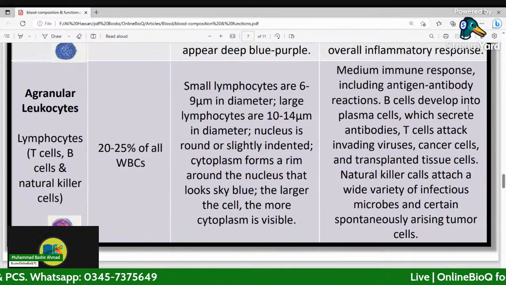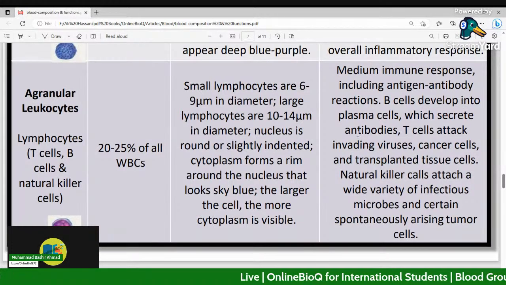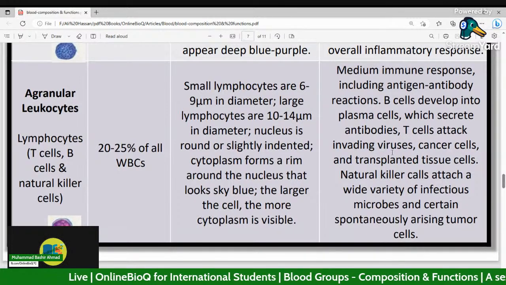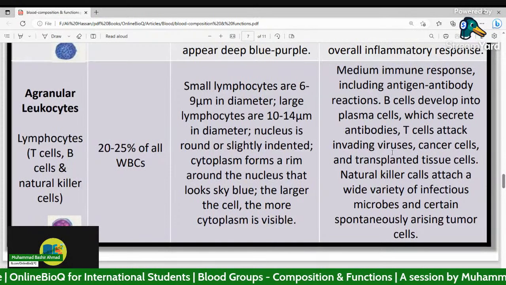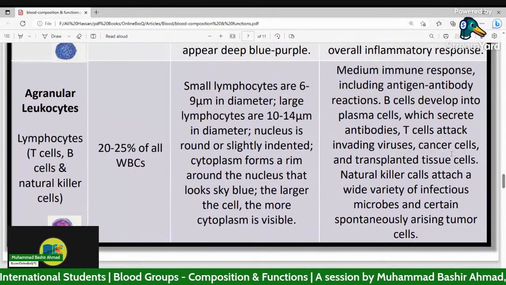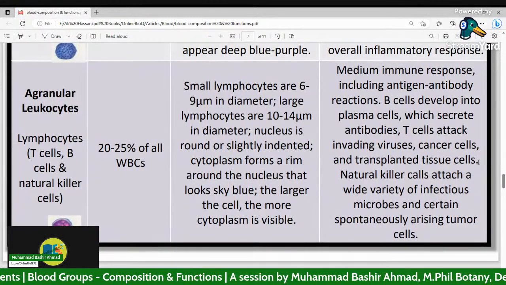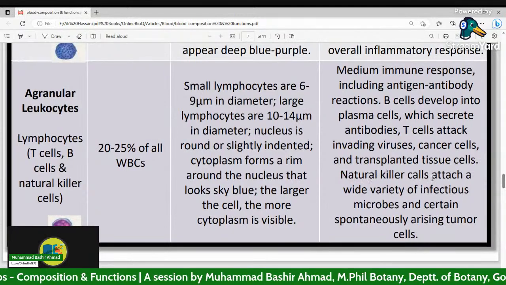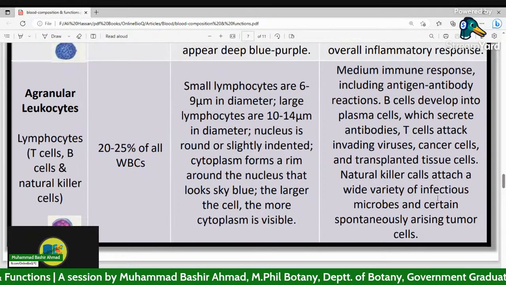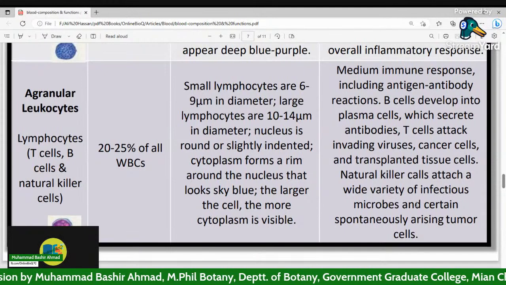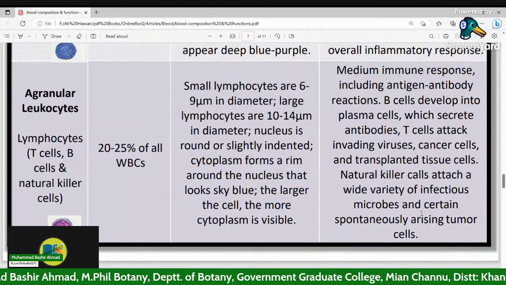These cells develop into plasma cells which secrete antibodies. T cells attack invading viruses, cancer cells, and transplanted tissue cells. Natural killer cells attack a wide variety of infectious microbes and certain spontaneously arising tumor cells.